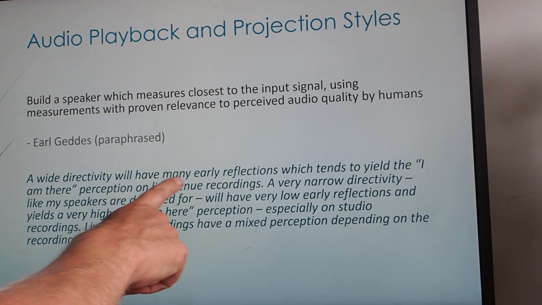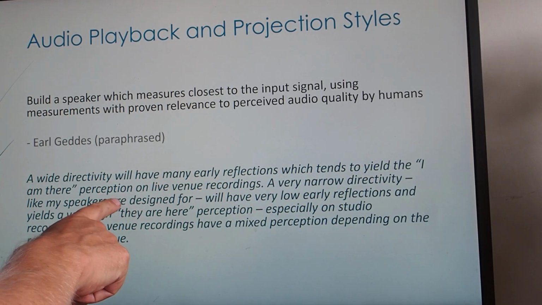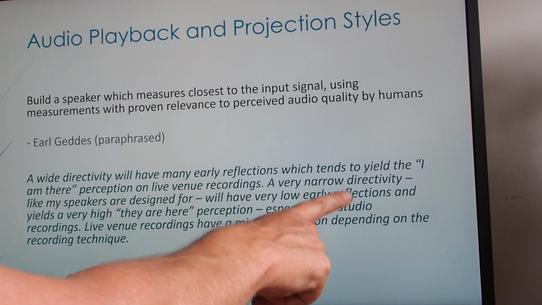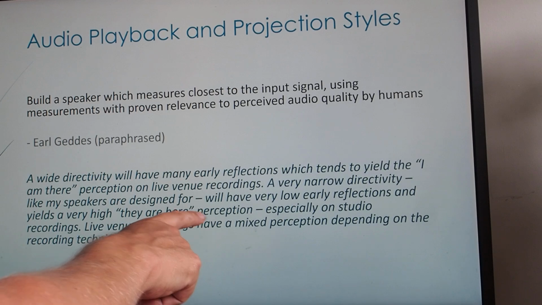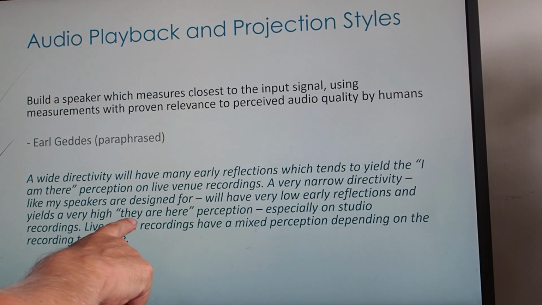So he said wide directivity will have many early reflections, which tends to yield the "I am there" perception of a live venue on live venue recordings. A very narrow directivity, like my speakers are designed for, will have very low early reflections and yields a very high "they are here" perception, especially on studio recordings.